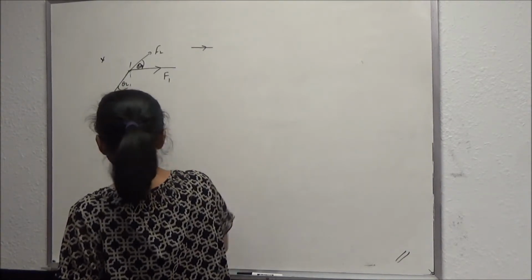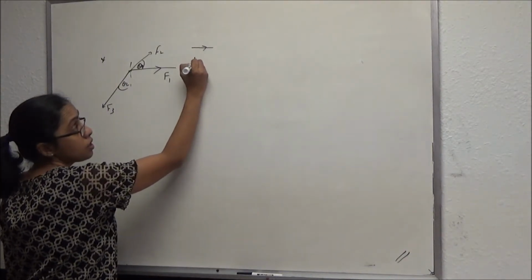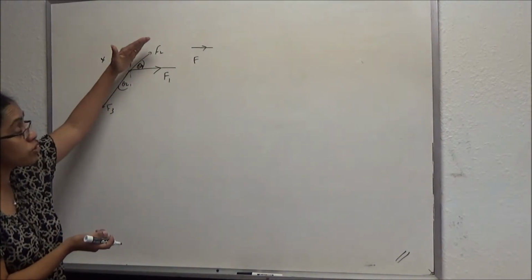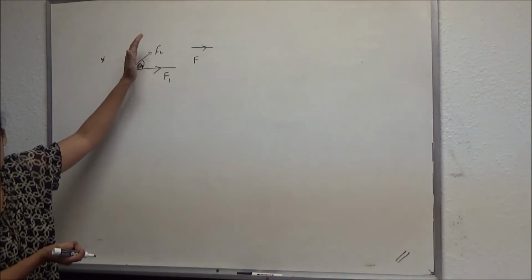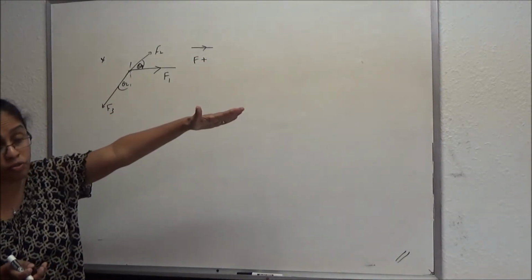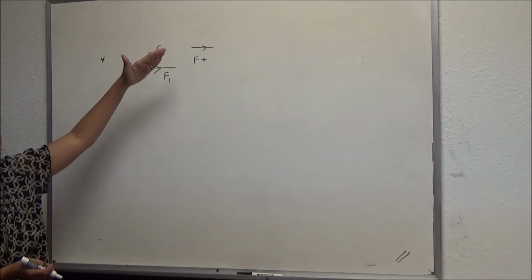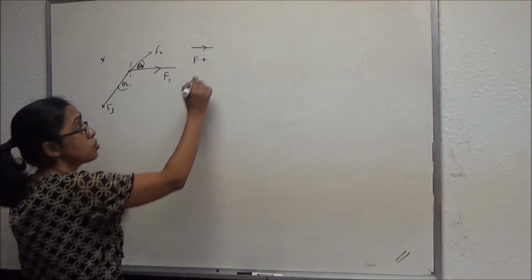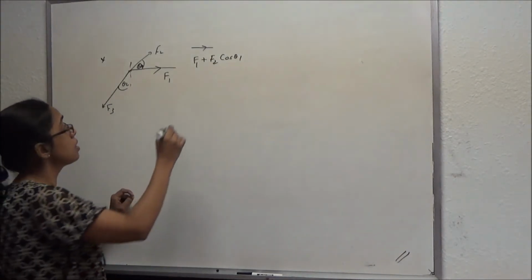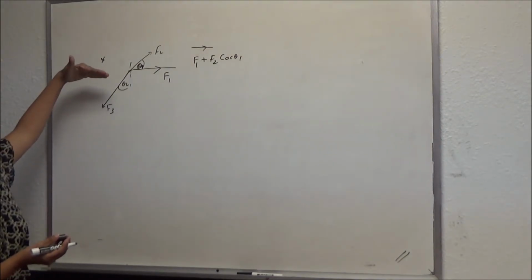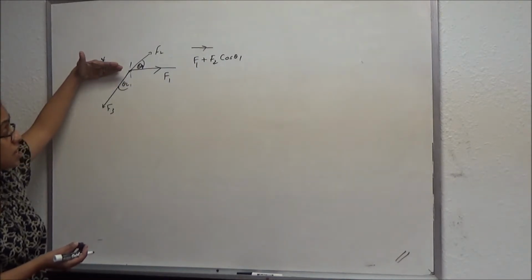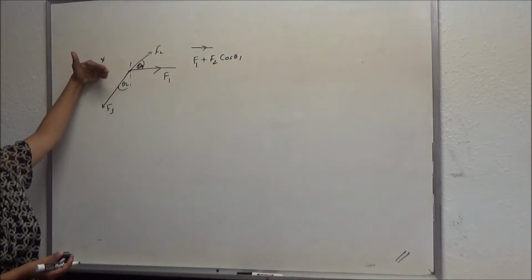If you take resolutions in this direction, you get F1. What about F2? Would you get F2 straight away? No, you should get the horizontal component of it. Since I took the forward direction, the resolution of F2 should be plus: F2 cos theta 1. Then F3 sine theta 2.